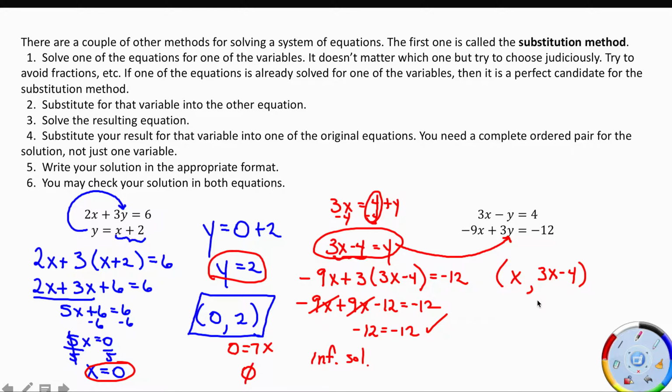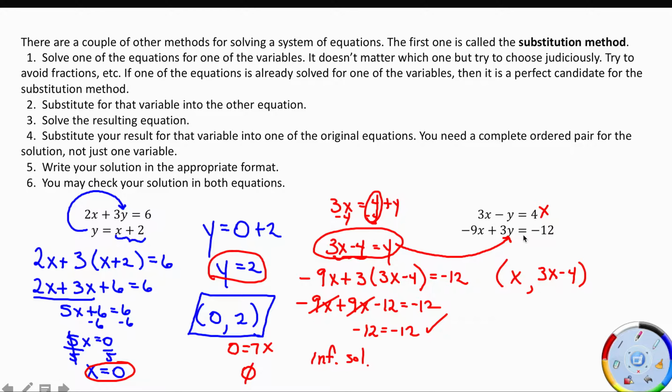I do not want to say, if I have two variables, that my solution is all real numbers, like we were saying when I have one variable. Because my solution, for example, is not, let's say, 1, 0. If I plugged a 1 in for x and a 0 here, that doesn't work.